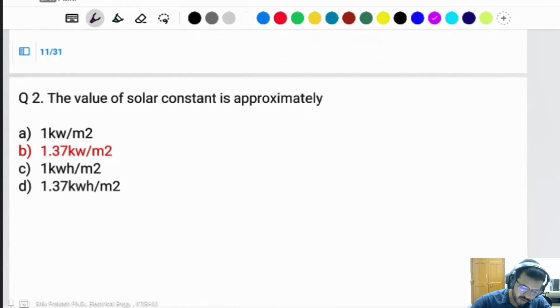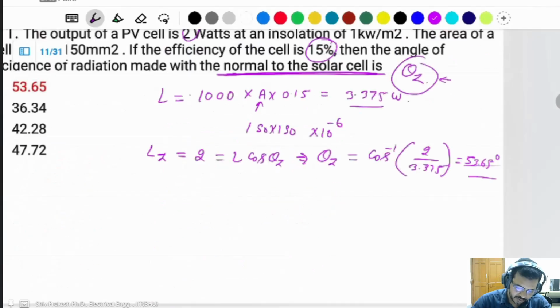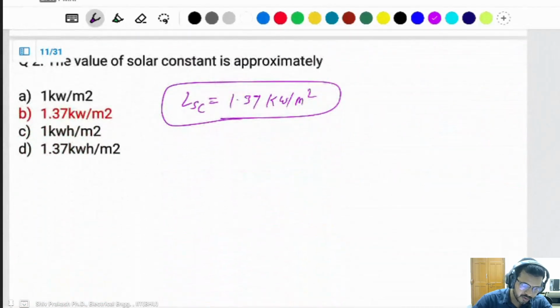The value of the solar constant is approximately the same as LSC, the solar constant, 1.37 standard kilowatt per meter square. L is equal to LSC times 1 plus something.